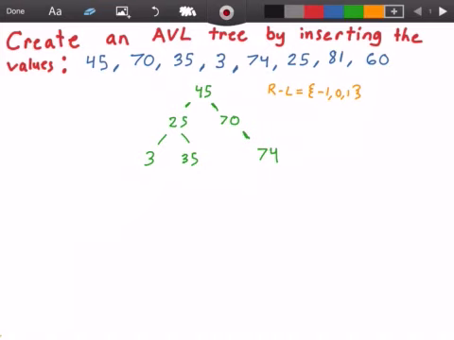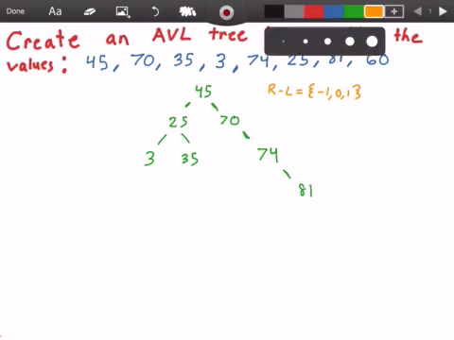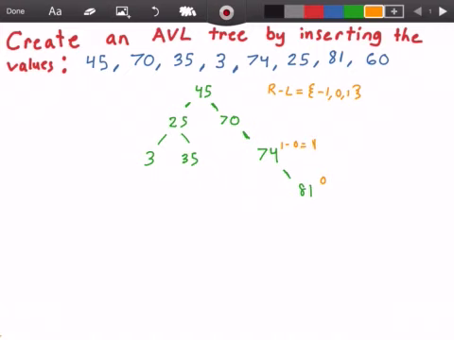So 81 is greater than 45, so we go to the right of 45. And 81 is greater than 70, so we go to the right of 70. And 81 is greater than 74, so we go to the right of 74 and insert the value 81. Now let's check our balance factors. 81 has a balance factor of 0. 74 has a balance factor of 1 minus 0, which gives us 1.